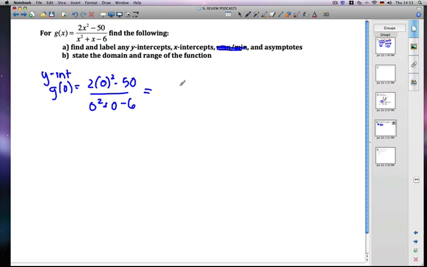We have negative 50 over negative 6, which is 25 over 3. When we did it on the calculator, we had 8.333. It's the same thing. As a coordinate, we get (0, 25/3). Make sure you keep your negatives intact and they cancel each other out.